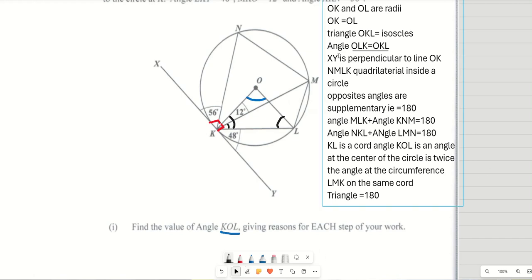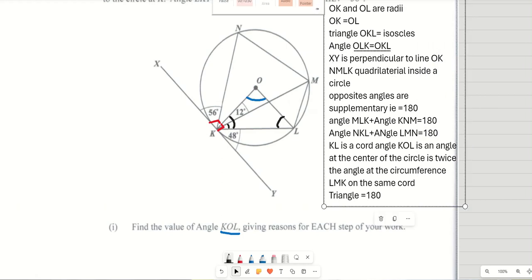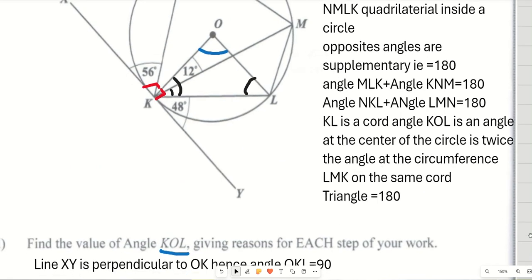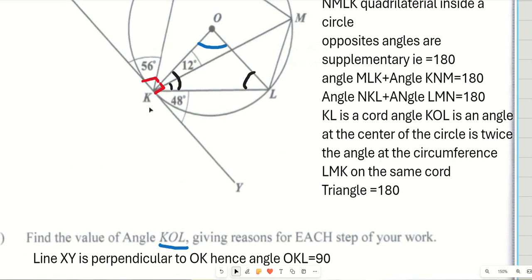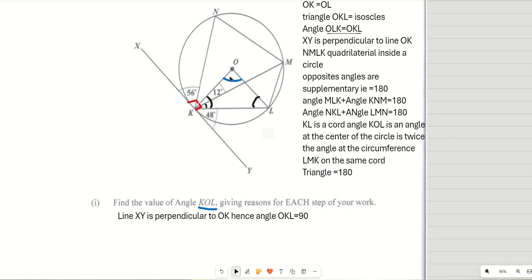So the first thing we're going to say is XY is perpendicular to line OK. Let's just zoom out so we can see everything. Alright, hence OKY is equal to 90 degrees. I denoted it by the red.